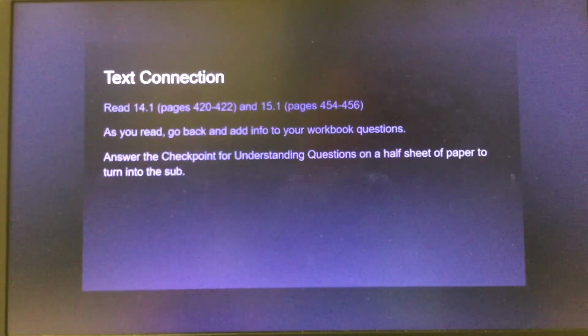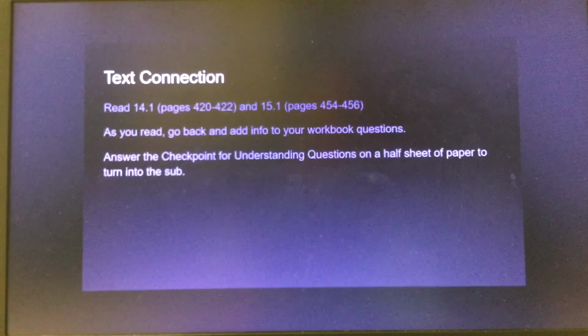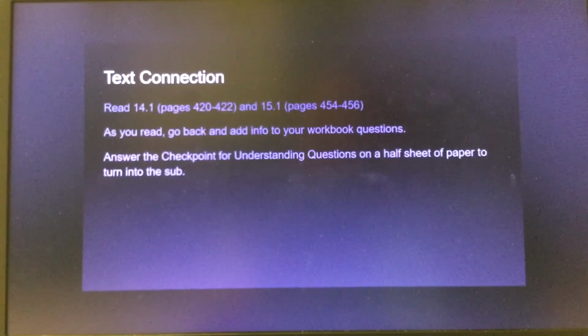So answer the questions for 14.1 on page 14, answer the questions for 15.1 on page 15, and if you look at the schedule, it'll tell you when it's time for you to turn that into the sub, and that'll be after you finish all the questions. All the questions from chapter 14 are going to end up on one page. All the questions from chapter 15 will end up on another page.